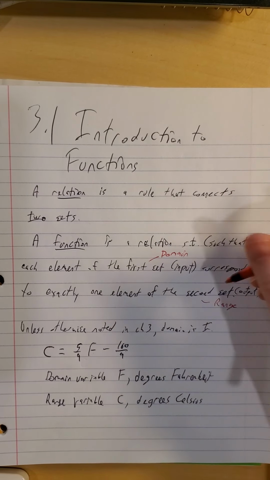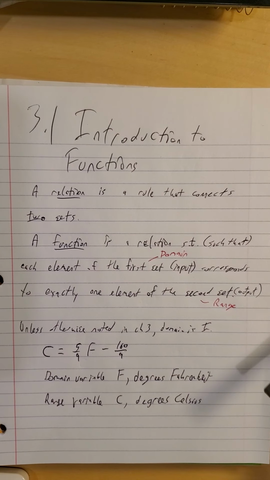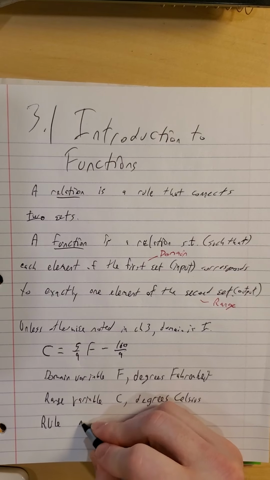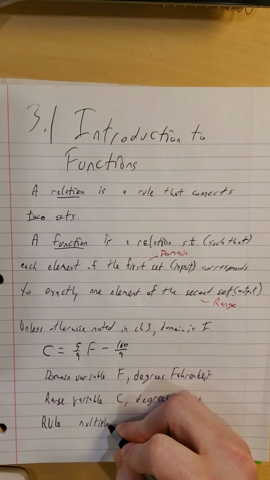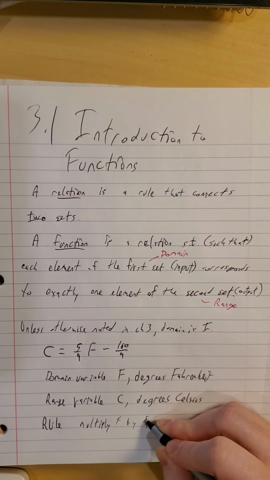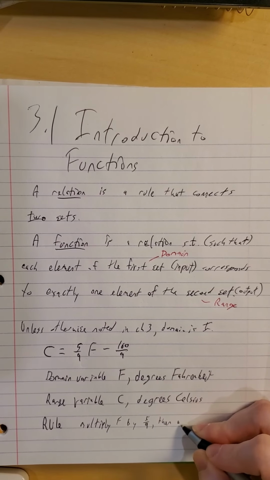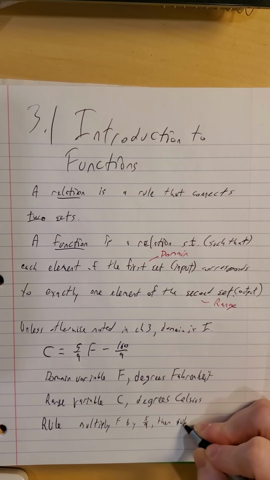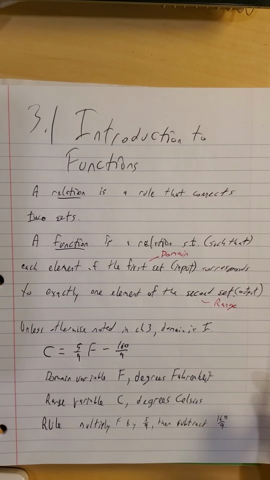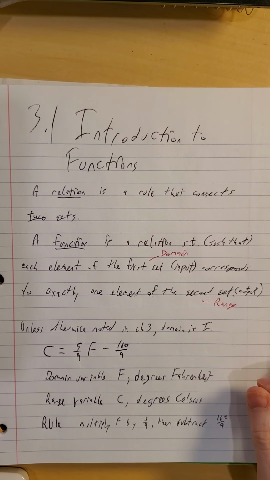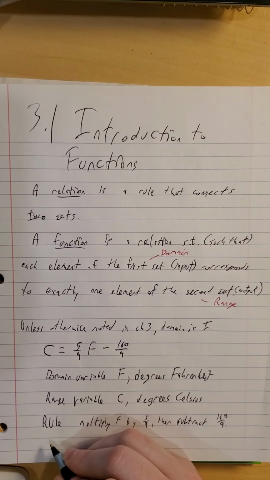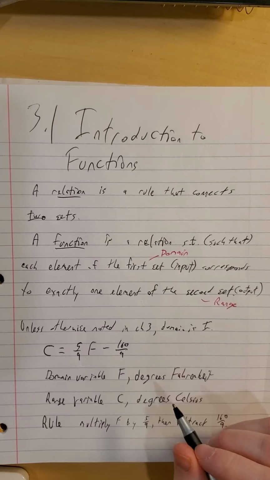Now we mentioned that we would have to have a rule connecting these things. The rule connecting them is multiply F by 5/9, then subtract 160 over 9. This one also does count as being a function.